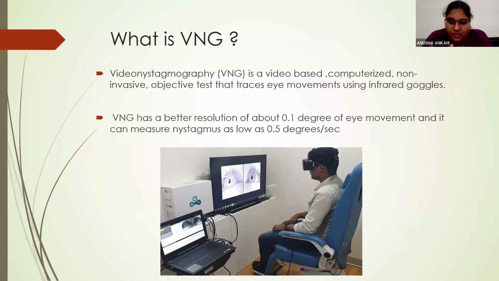When we cover the eyes with the flap, there will be darkness. So in the darkness also we want to see the eye movements. For that, this infrared light source will help. And it will be connected to the computer. So it will show the real-time video of the eye movements as well as the graphical representation, which can be stored. This VNG has a better resolution of about 0.1 degree of eye movement, and it can measure nystagmus of intensity as low as 0.5 degrees per second.